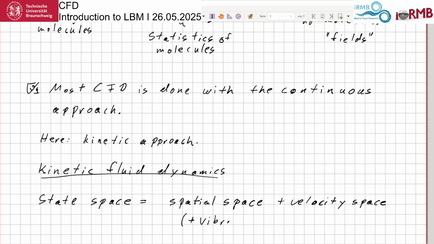There's also, in principle, but I put it in brackets because we are not using this: if we have molecules that have internal degrees of freedom, these internal degrees of freedom are additional dimensions of the problem. So they can have vibrations and they can have rotations.